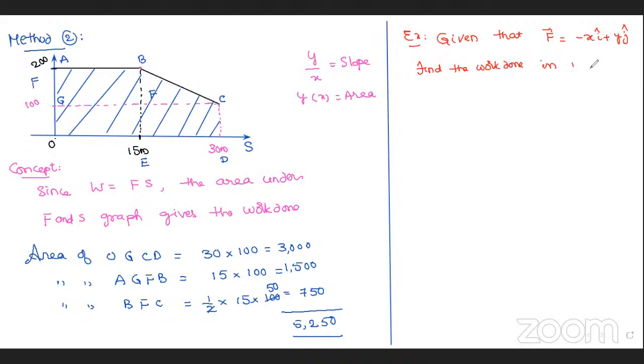in moving a body from where to where, sir? Since he gave the force in the coordinate system x comma y, he is asking in moving a body from 1 comma 0 to 0 comma 1.